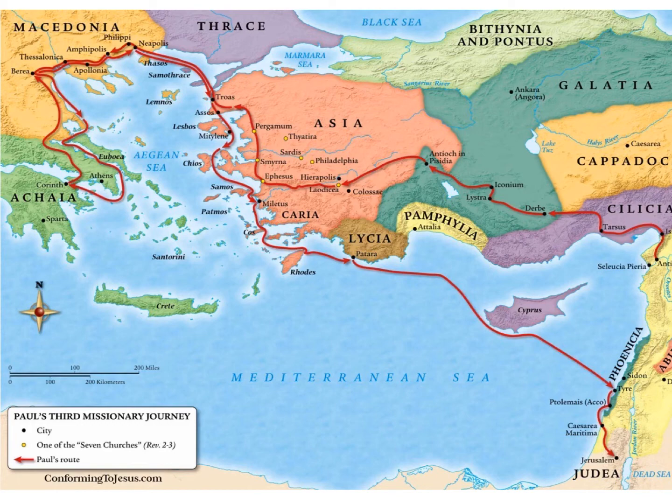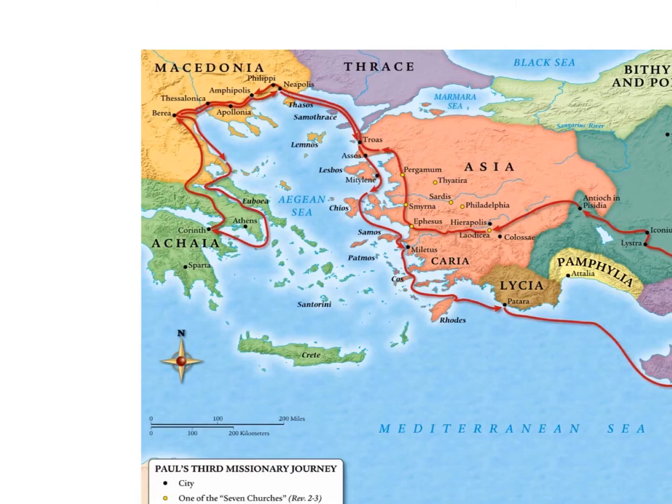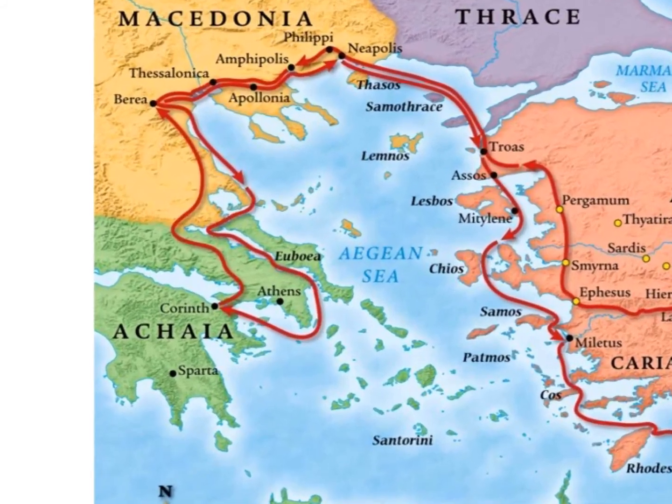So you likely have these maps in your Bibles. Even if you have a digital Bible, likely you have an image of Paul's missionary journeys, and we're not going to trace it all the way through, but I want you to notice here that it was on his third and final missionary journey that's recorded in the book of Acts, where Paul is, there we go, Paul is down here.